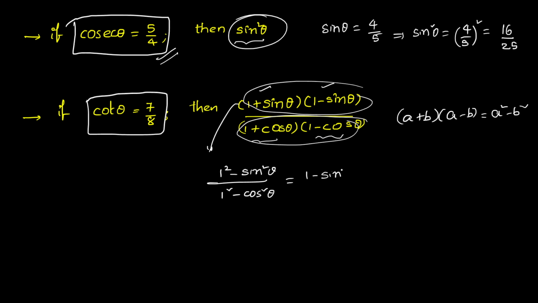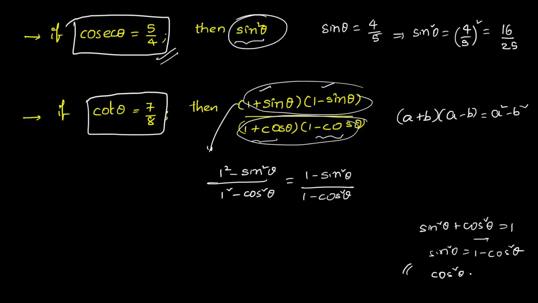So 1 minus sin square by 1 minus cos square. And from the first identity we know that sin square plus cos square theta is equal to 1. That means sin square theta is equal to 1 minus cos square theta, and similarly cos square theta is equal to 1 minus sin square theta.